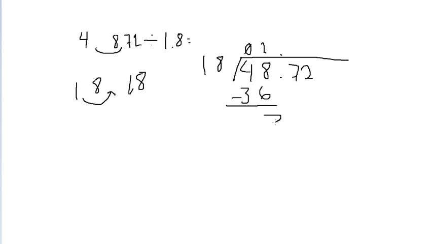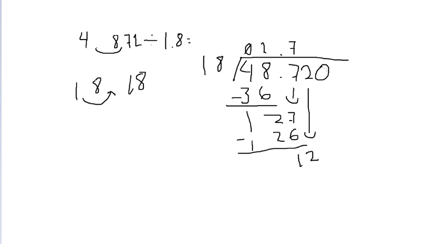That would be 12. And you bring down your 7. And then go into it 7 times. That would be 126. And you subtract that. And you bring down your 2.